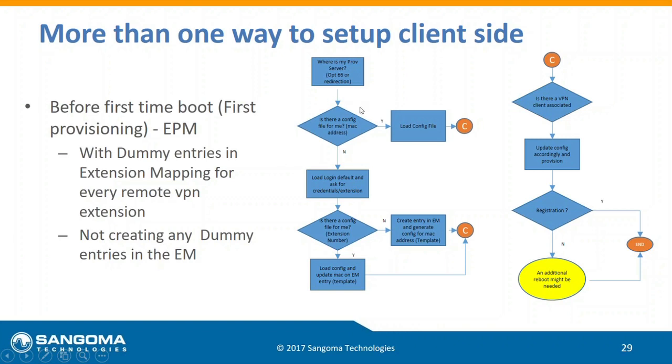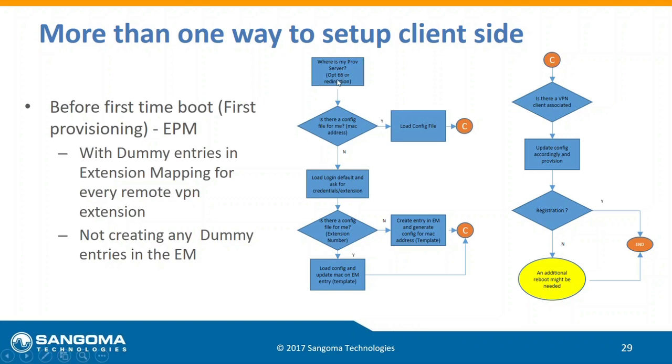So this flow diagram shows you how it works. When you take a phone out of the box and connect it to the LAN, the first thing the phone is going to do is look for an IP address. It's going to send packets to get an IP address from a DHCP server. Once the IP address is assigned, the first thing it's going to check is if there is an option 66 enabled to know where the provisioning server is.